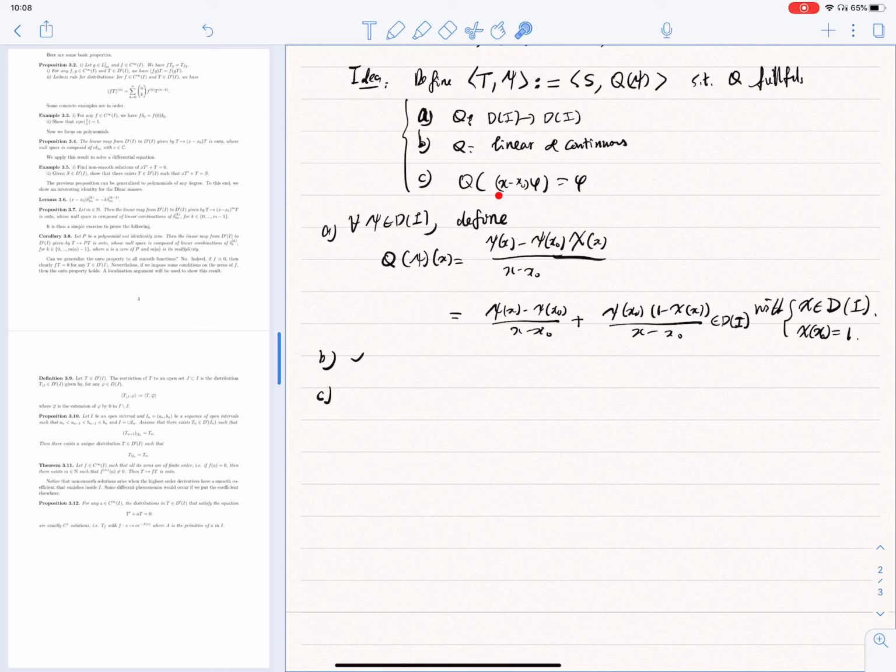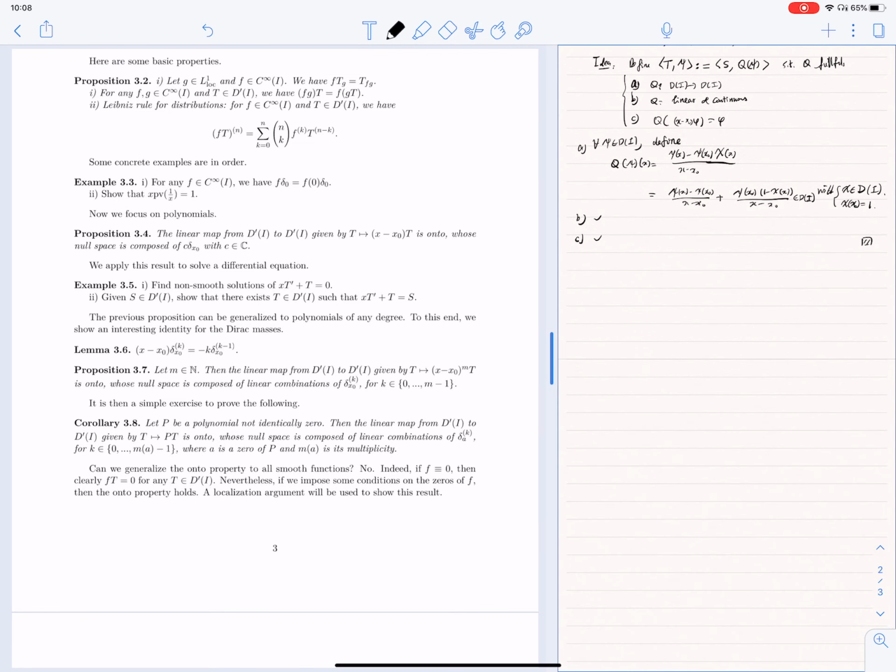It remains only this function divided by x minus x naught, so we have phi, right? So the third property is also a simple fact. And this finishes the proof.